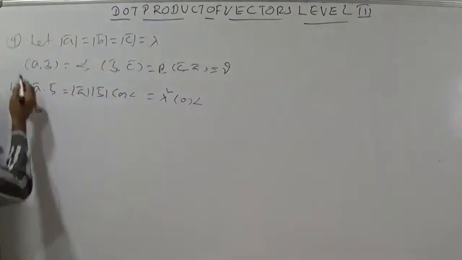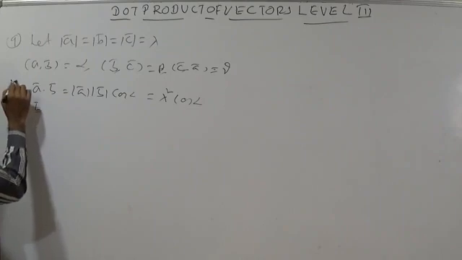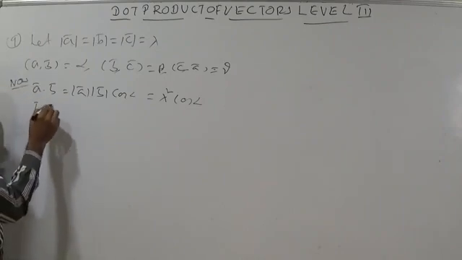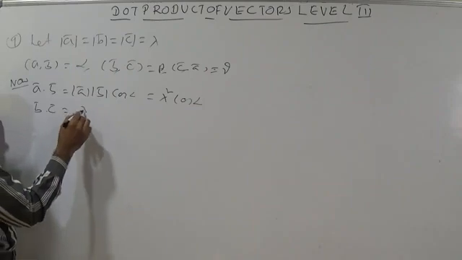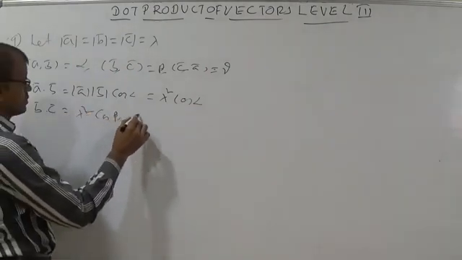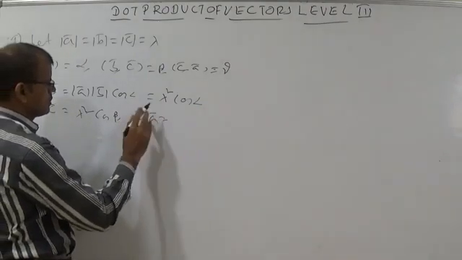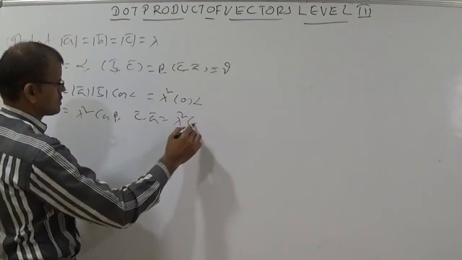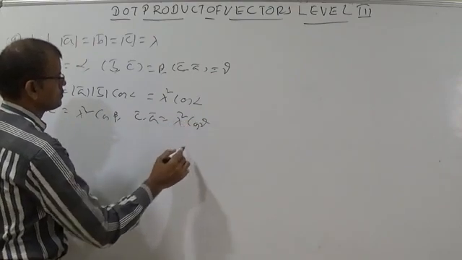In the same way, B dot C you can write directly lambda square cos beta. Next C bar dot A bar, this is dot, is equal to lambda square cos gamma.